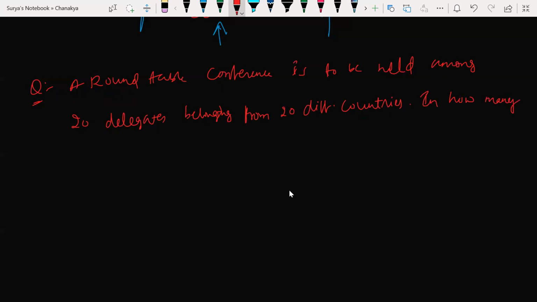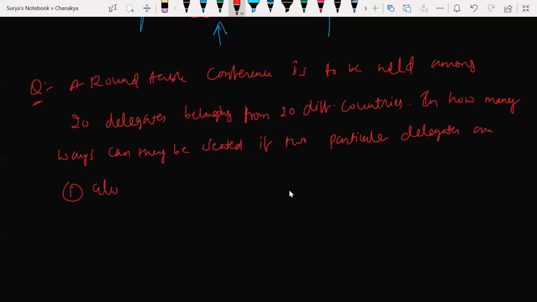In how many ways can they be seated if two particular delegates are, first, always to sit together, and next, never to sit together.